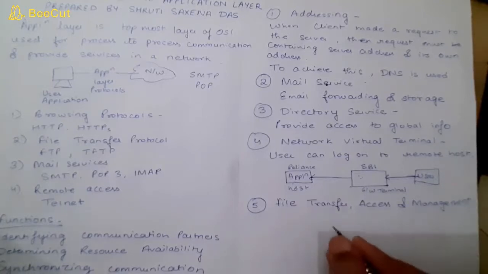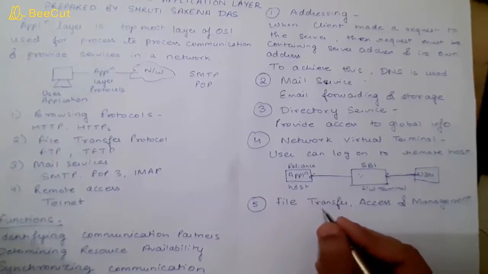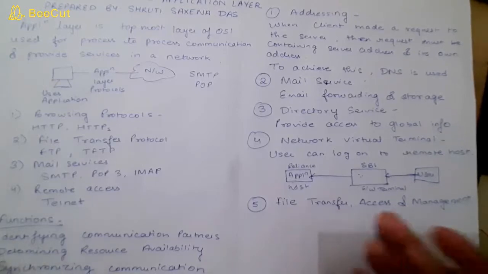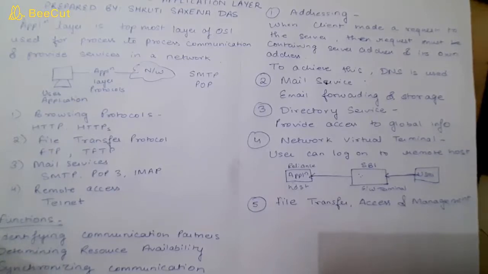Then we have file transfer, access and management. It's a standard mechanism to access or transfer files and to manage files. A user can access files on remote computers also.